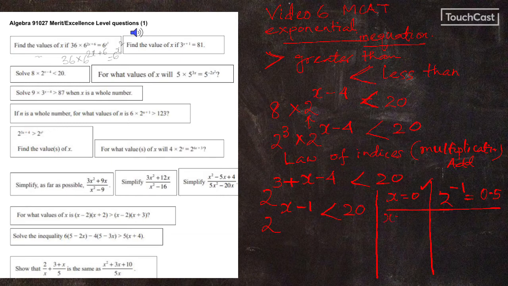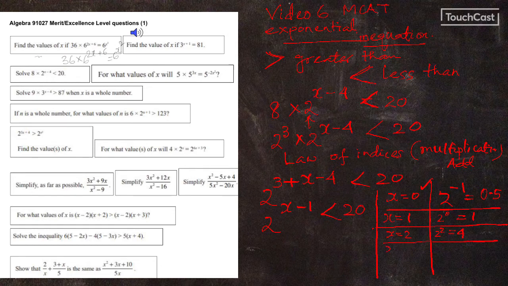x equals 1. If x equals 1, it'll be 2 to the power 0, which is 1. So it's less than 20. x equals 2. 2 to the power 2 is 4, which is still less than 20.